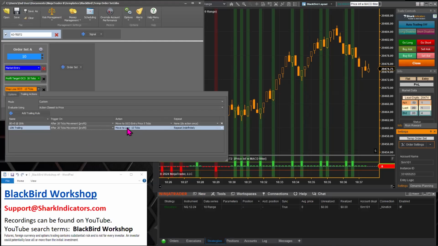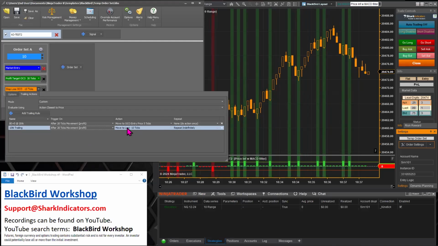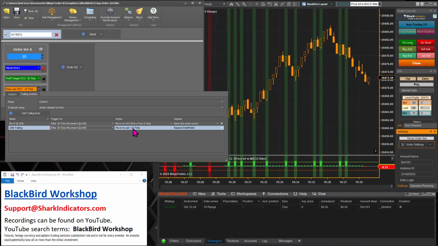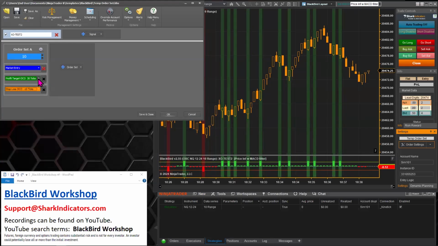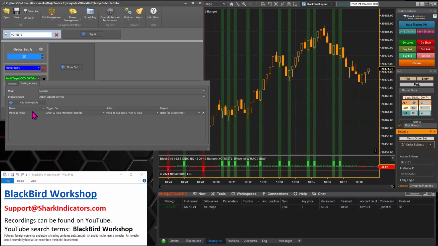This is a 10 tick stop loss. There's no comment about how far behind the stop loss will trail, so I'll just leave that at 10 ticks. You can see the trailing rules that we set up here. It's the same process for your profit target.